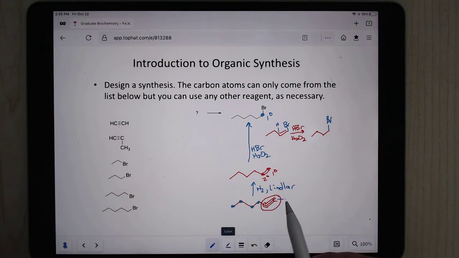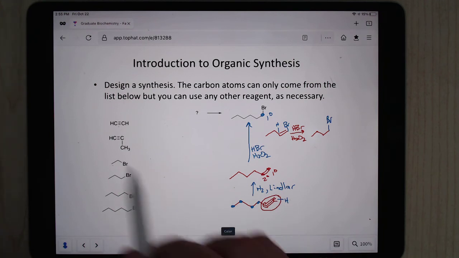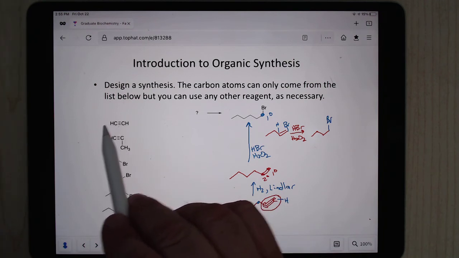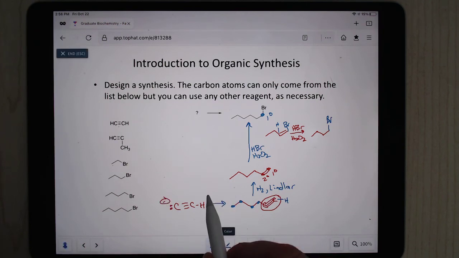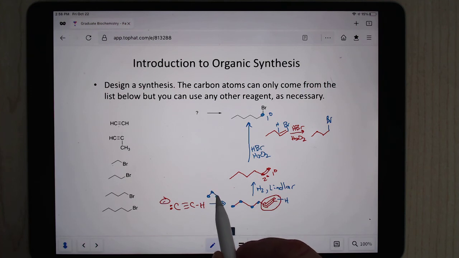And since we have a hydrogen hanging off on this side, we're going to want to have a hydrogen hanging off of the other side here. And so what we're going to need is, and then we're going to want to dump in a 4-carbon piece here with the bromide.